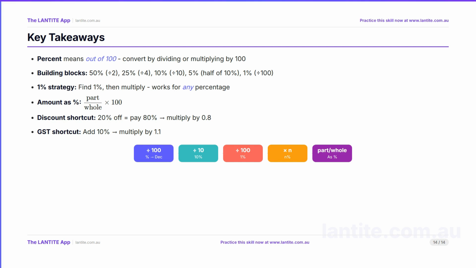Find 1% by dividing by 100, then multiply by whatever percentage you need. To express an amount as a percentage, divide the part by the whole and multiply by 100. And remember the shortcuts. For discounts, multiply by the remaining percentage as a decimal. For adding GST, multiply by 1.1. Practice these strategies and you will handle any percentage question on the LANTITE with confidence.